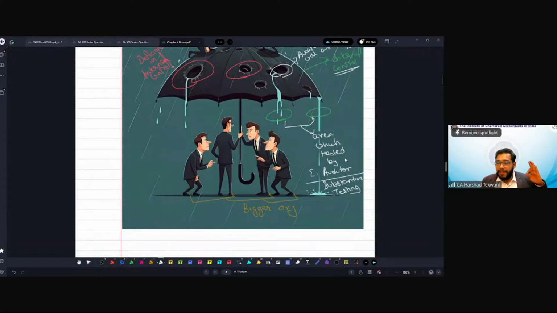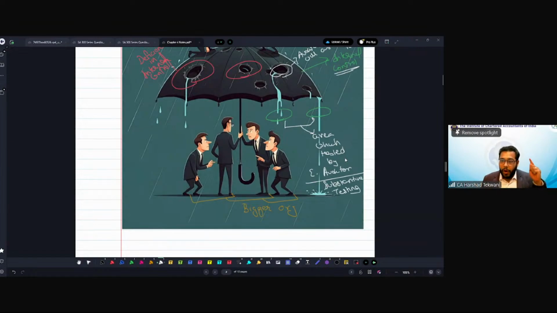So deficiencies in the internal control do not mean that there is a misstatement. Understand that. Holes in the umbrella do not mean the person is getting wet. There is a probability, and the auditor will check whether the water coming from that particular hole is getting the person wet or not. And that is the point we need to understand, and that is the risk-based audit.